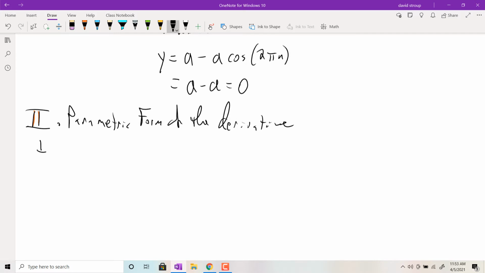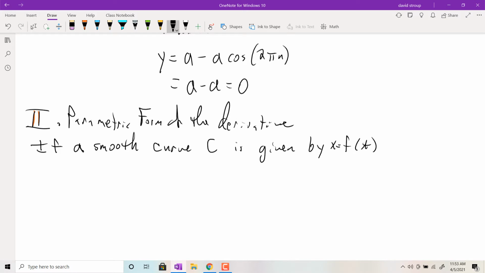So basically from the book, if you have a smooth curve, big C, given by a set of parametric equations, so x equals f of t, and y equals g of t.